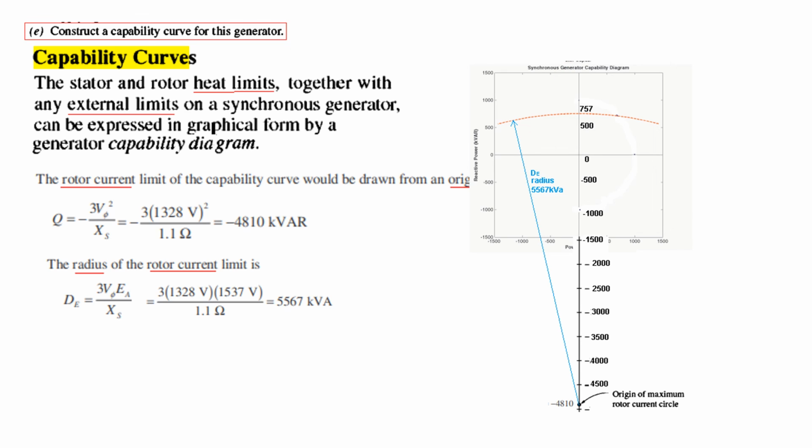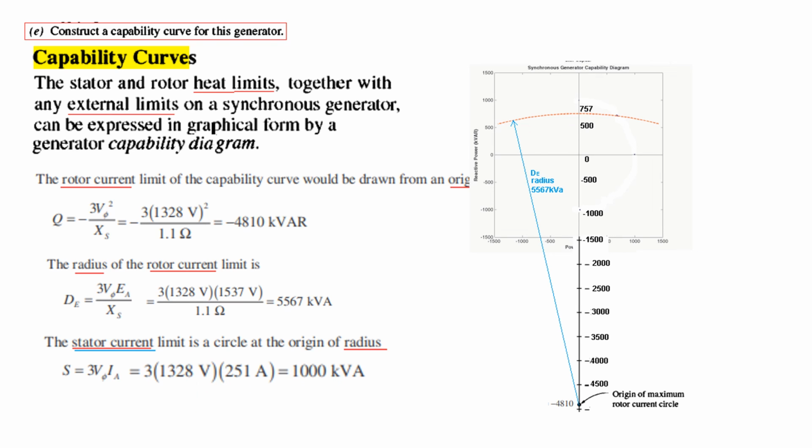Now there is another limit, and that is the stator current limit. The stator current limit is the circle at the origin with radius equal to this apparent power. So this will limit the stator current. And we can also calculate this value. We know all these values. So this is 1000 kVA.